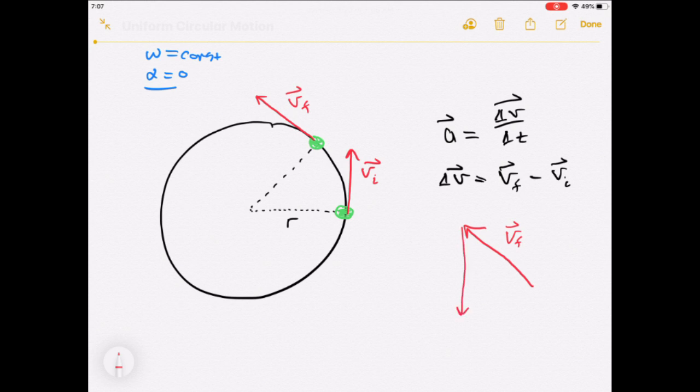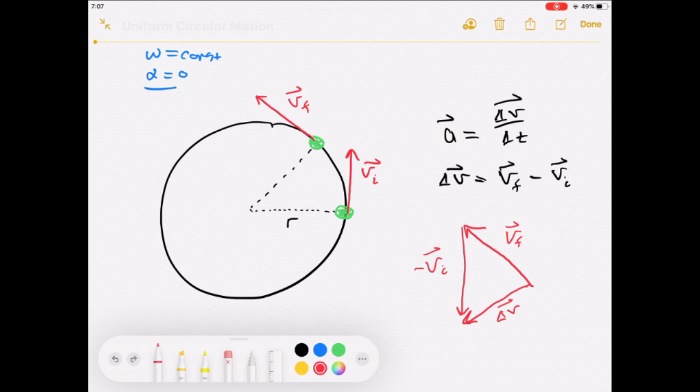So there's minus v initial. And the vector that connects those two is right here. That's delta v. I didn't draw that very well, but it points basically this way. Radially inward.